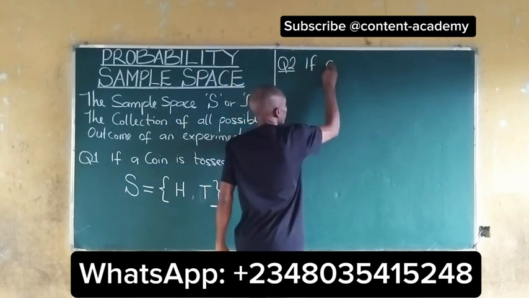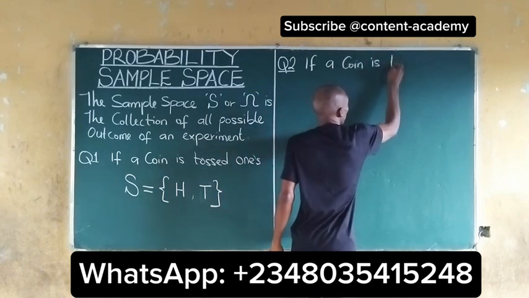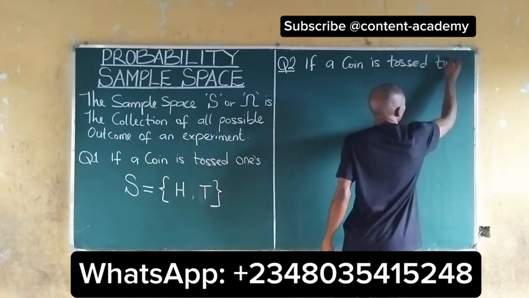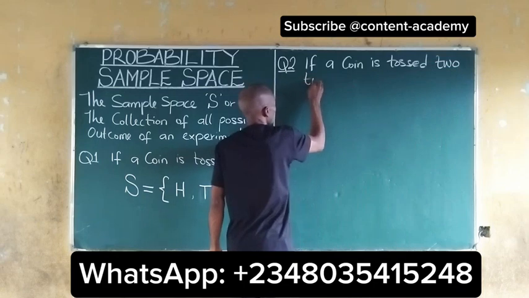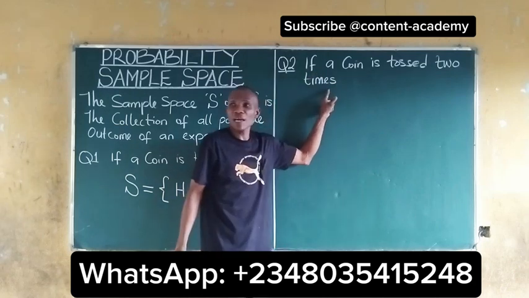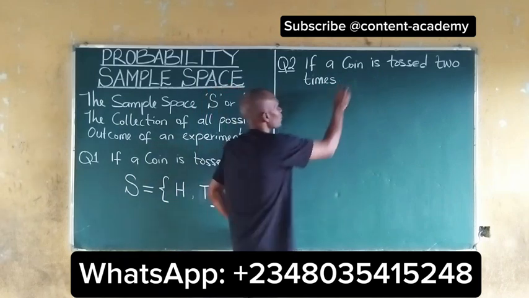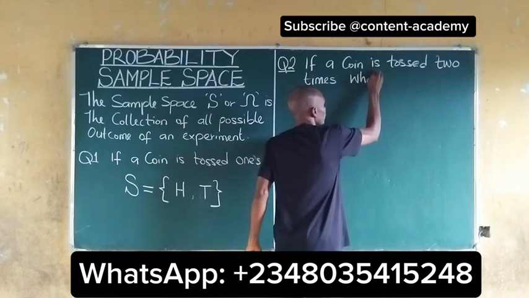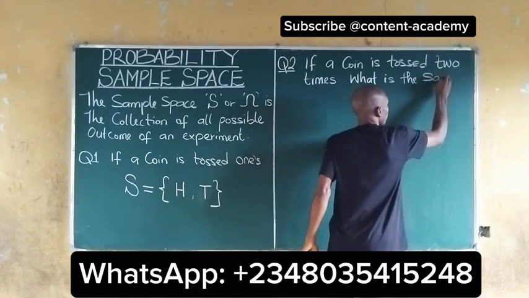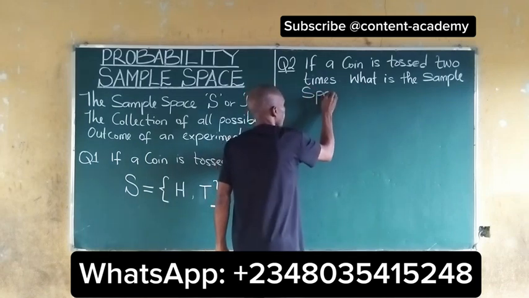If a coin is tossed 2 times, what is the sample space?